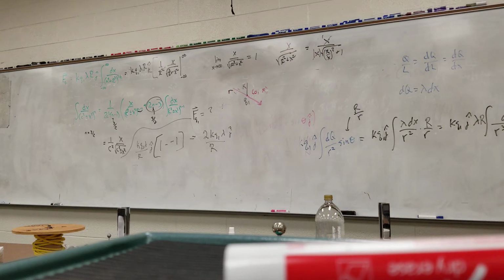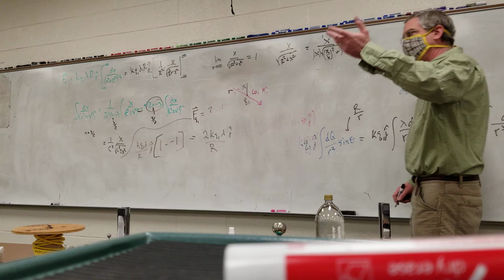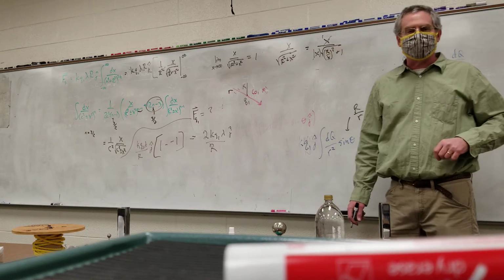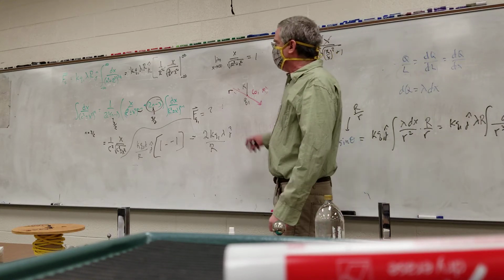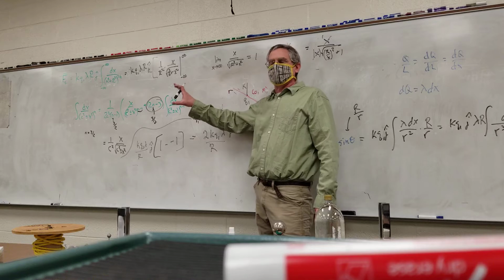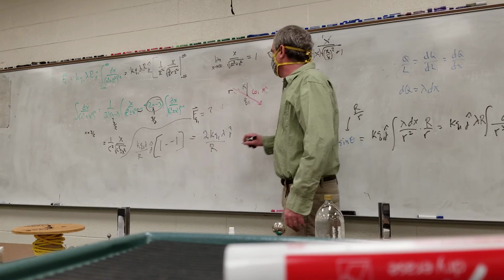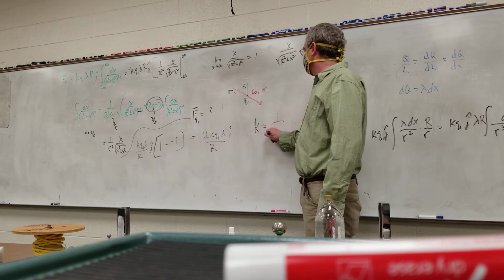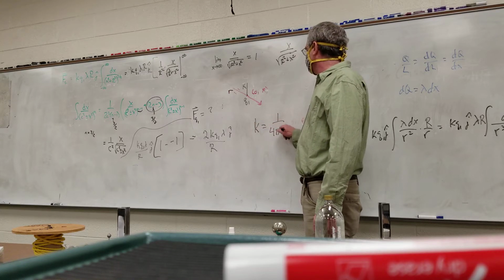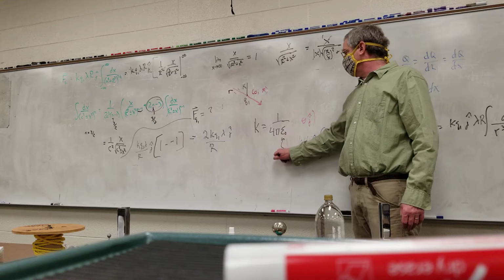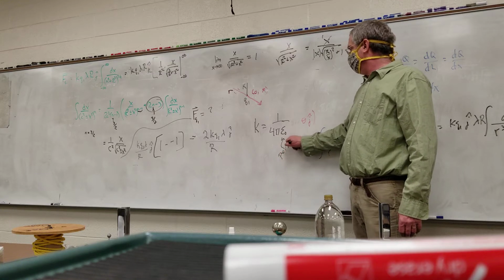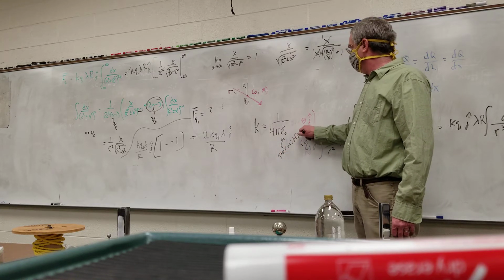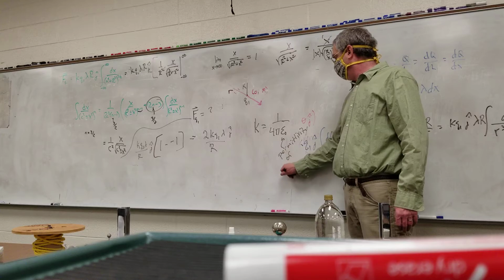Now typically you're not going to see it in this form. There was a reference earlier to the permittivity of free space. I tend to use k here because it's just so much easier to write. But there is another variable that's related to k. k is equal to 1 over 4 pi times epsilon sub naught. This is known as the permittivity of free space.